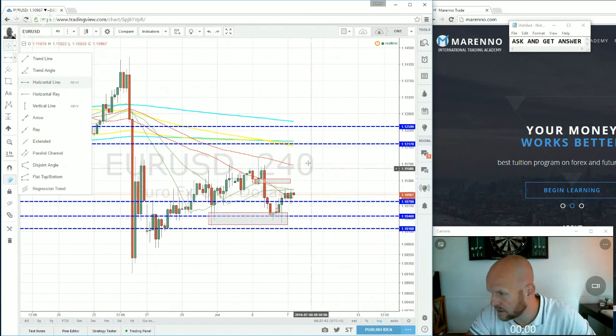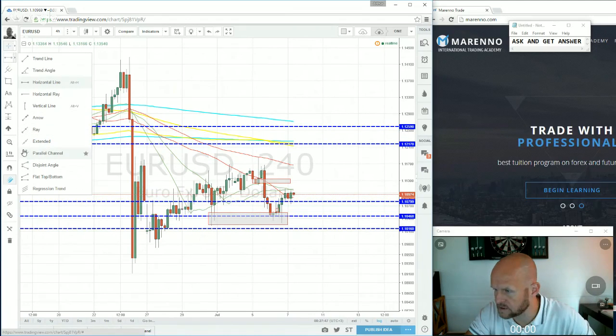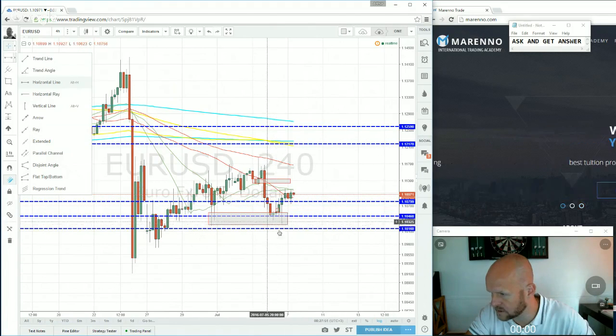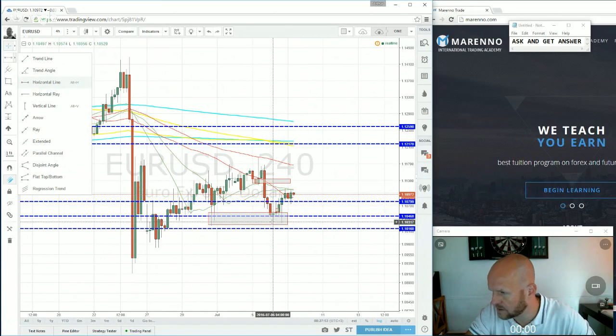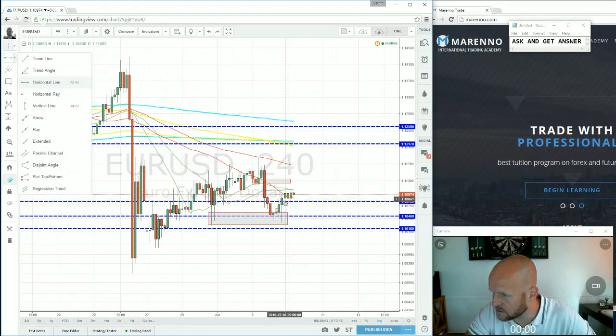What I can see here is that the price is probably going to give us a third wave, which will still clear this low here. I already talked about it yesterday, but it cleared and continued its upward movement.